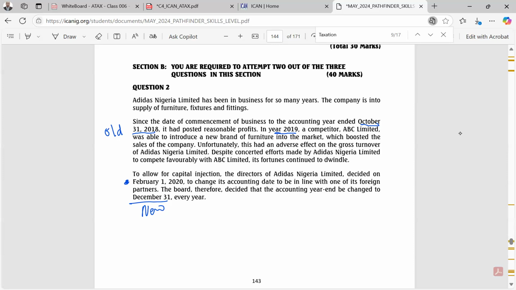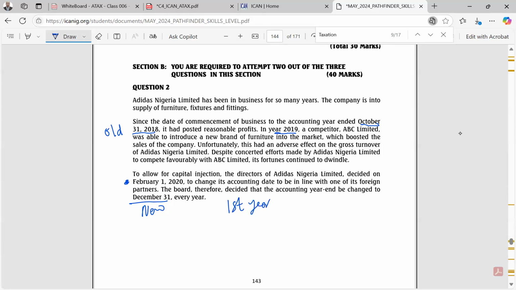So it means that instead of bringing the account to October 31st, 2020, they will be bringing it to December 31st, 2020. What does that mean? The first year of change is year of assessment 2021.